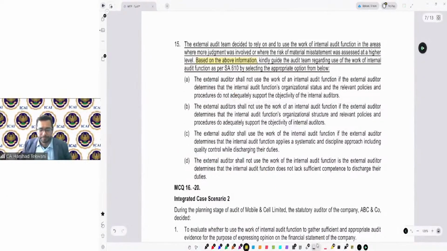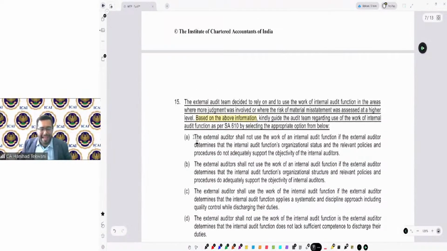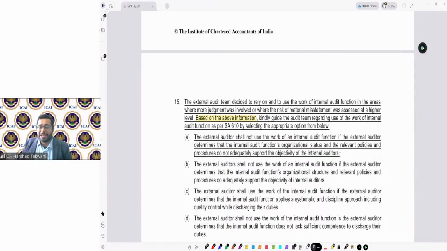Options are: the external auditor shall not use the work of the internal audit function if the external auditor determines that the internal audit function's organizational status and relevant policies and procedures do not adequately support the objectivity of the internal auditor. Could be the answer, I do not know yet.